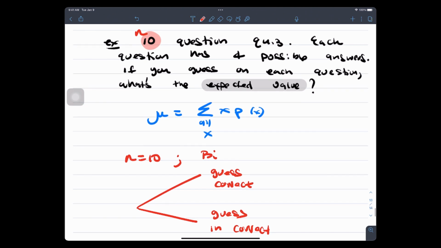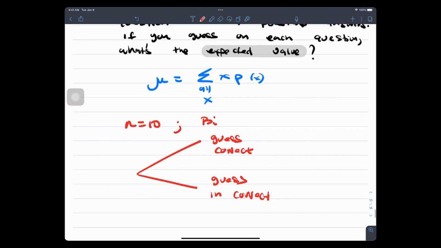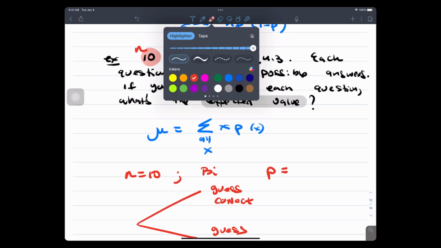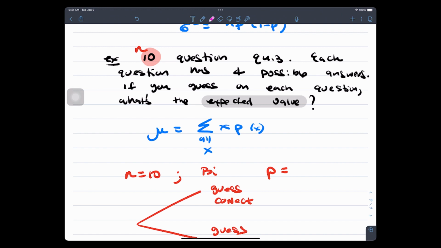Now, how do you find little p, the probability of a success for a single trial? You've got to read the problem. There are 4 possible answers for every one of those questions. Guessing correct is a success. What's that probability?